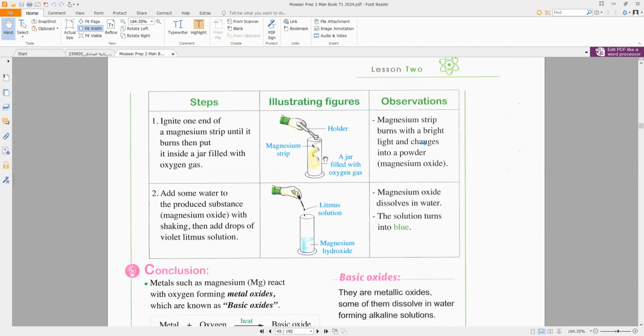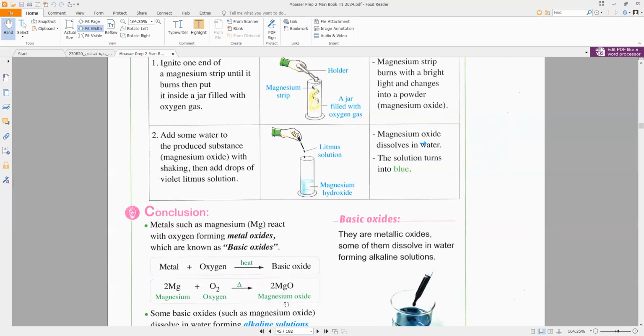What happens? Magnesium reacts with the oxygen, and we see white powder formed in the bottom of the test tube. White powder forms here because magnesium reacts with oxygen, forming a new matter called magnesium oxide. Because the magnesium reacts with oxygen to form it between them, so it's magnesium oxide. White powder formed in the bottom of the test tube.